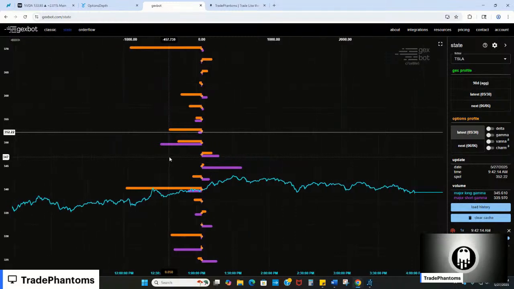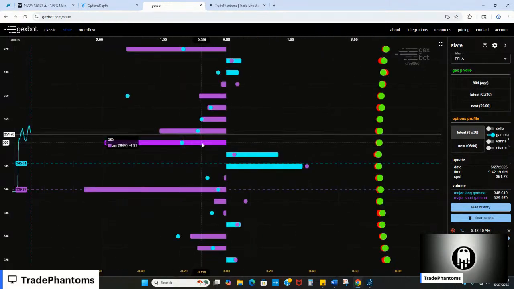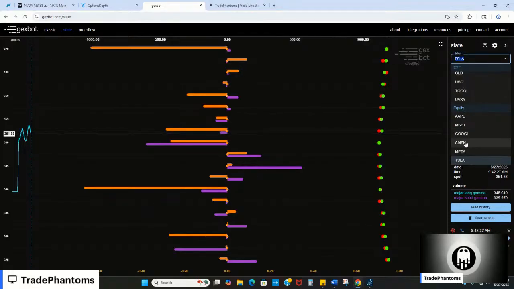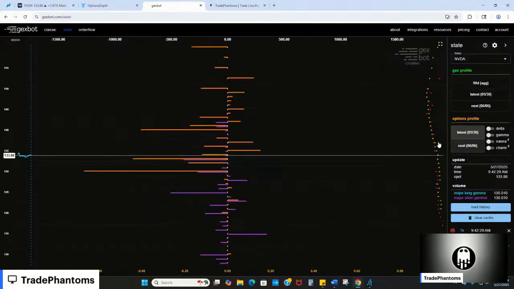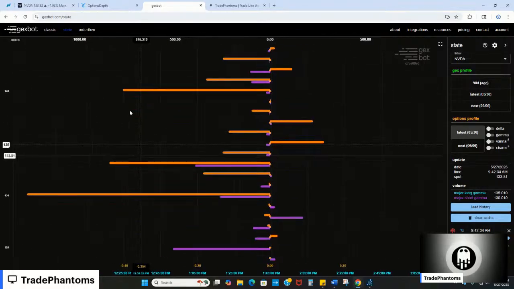NVIDIA GEX. I guess there's a sold call wall here above 350. So just got to be patient on this. NVIDIA, this week's earnings. This is what a lot of sold calls.